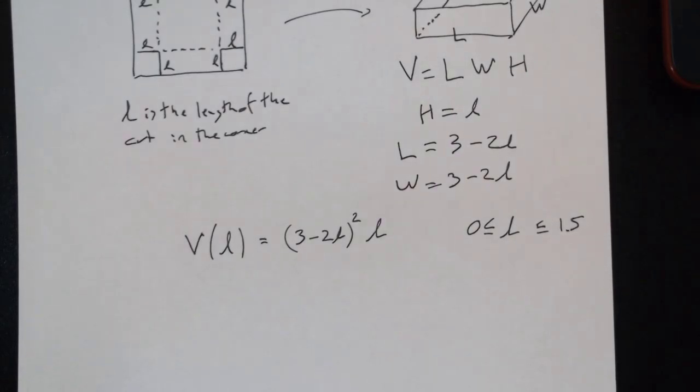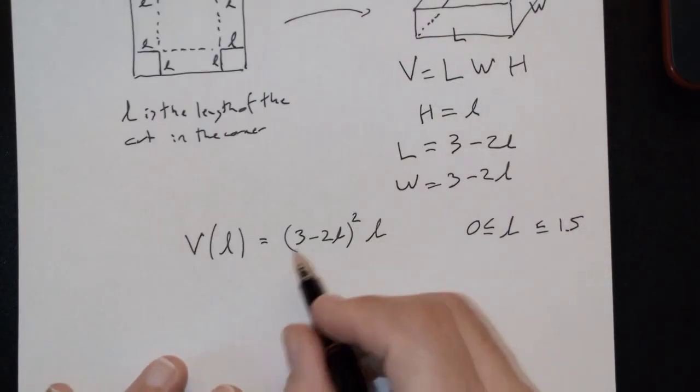It's up to you to decide what level of algebra you want to do up front versus the algebra you want to do at the end. You could leave this function just like this and take the derivative just like this, or you could multiply it out and take the derivative that way.